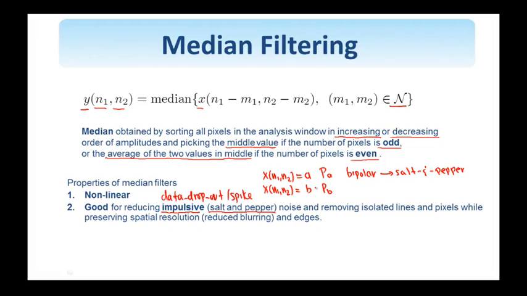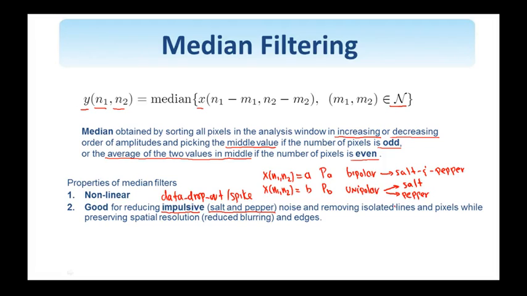If one of P(A), P(B) is equal to 0, then it's a unipolar noise, and then it can be referred to as salt or pepper, just salt or just pepper noise.